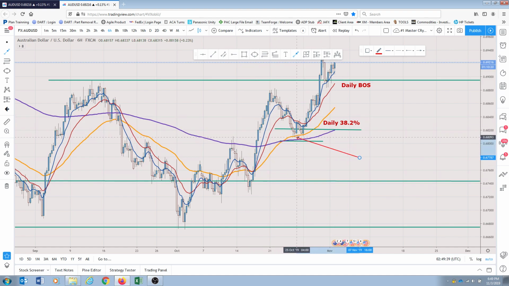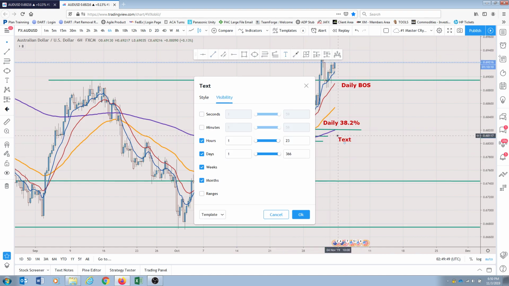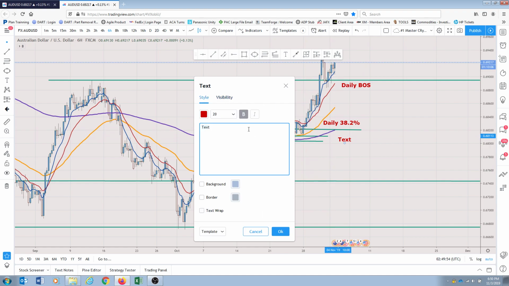You could have made a notation right here, put a level here, and put EMA 50 6-hour time frame.